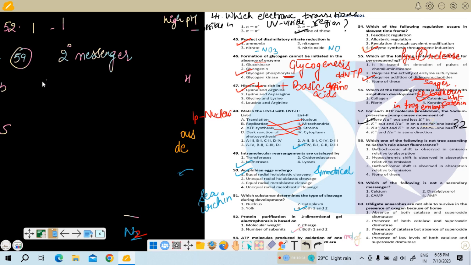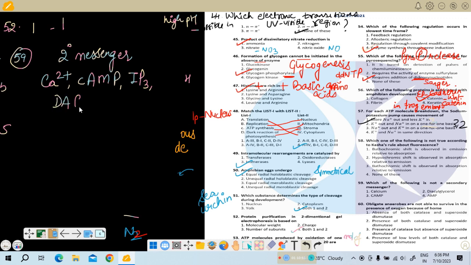So Ca2 positive is a secondary messenger. cAMP is a secondary messenger. Then IP3 is a secondary messenger.